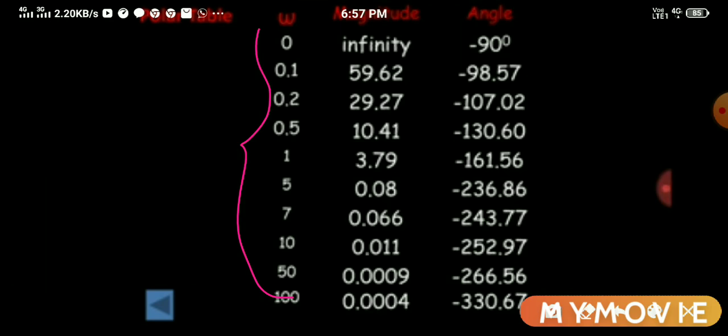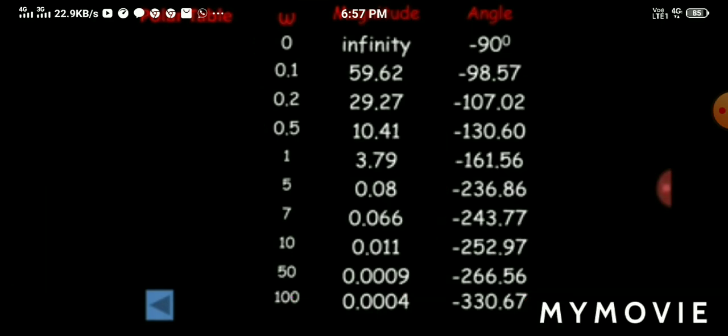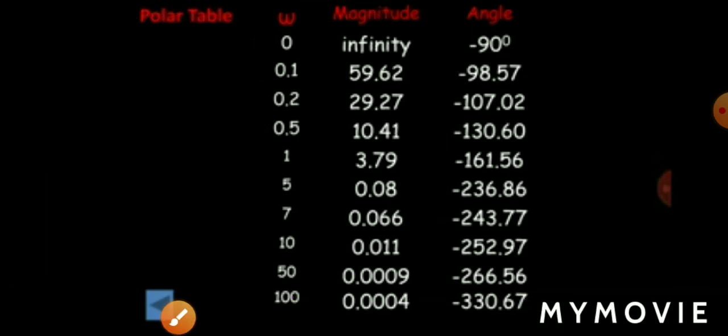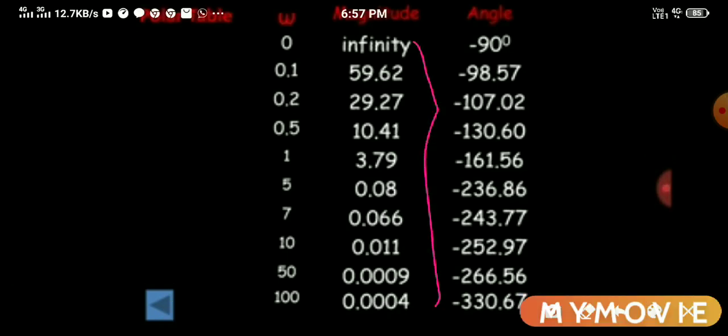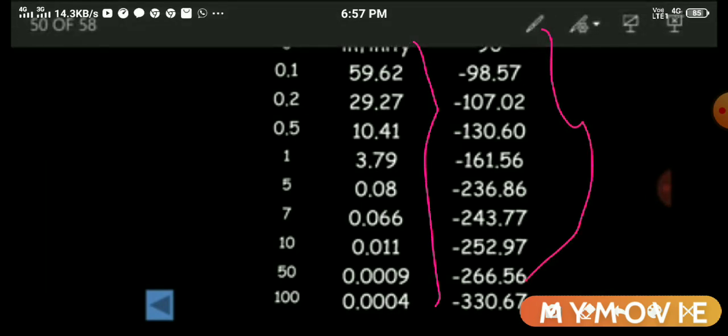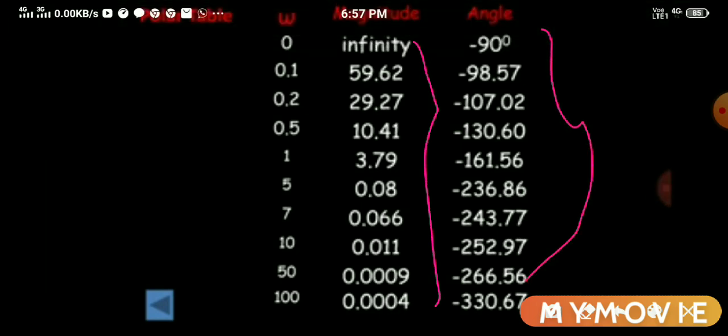For these values, put omega in the magnitude table and we will get these values. Similarly, for infinity from the magnitude table you will get these values, and from the angle table you will get these values.